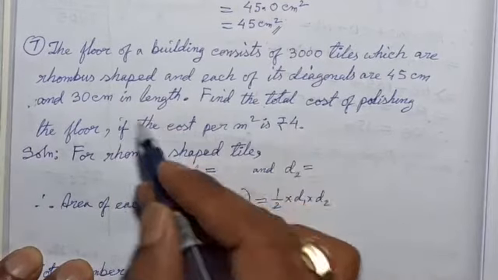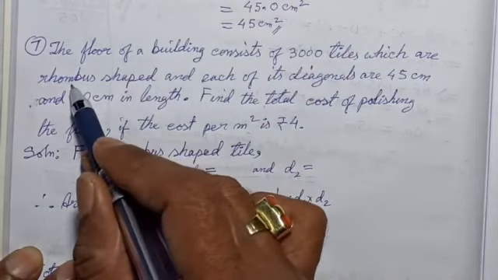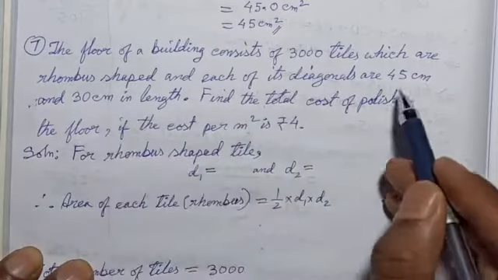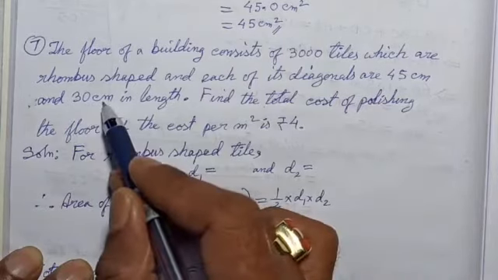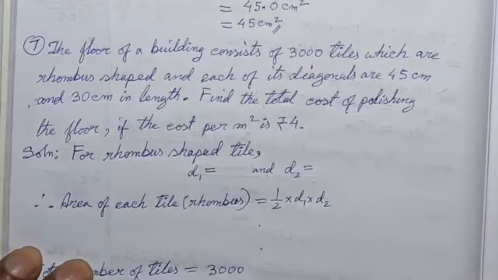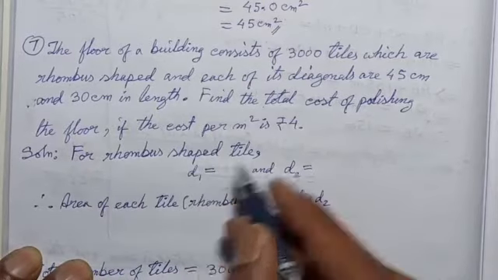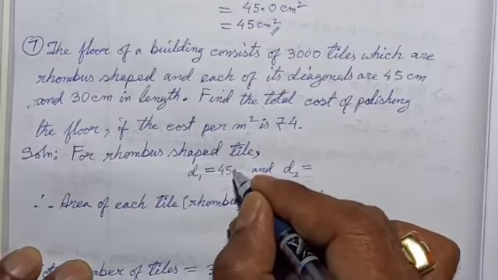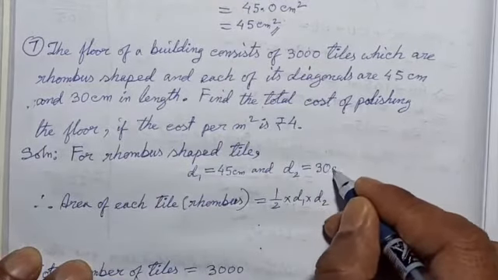Here it is given that the tile is in the shape of a rhombus and the diagonals are 45 centimeter and 30 centimeter. So 45 is diagonal 1 and 30 centimeter is diagonal 2. Now the solution. For rhombus shaped tiles, diagonal 1, D1, is 45 centimeter and diagonal 2, D2, is 30 centimeter.